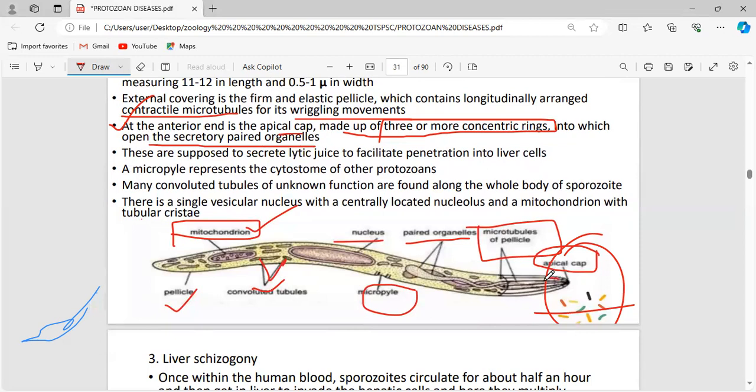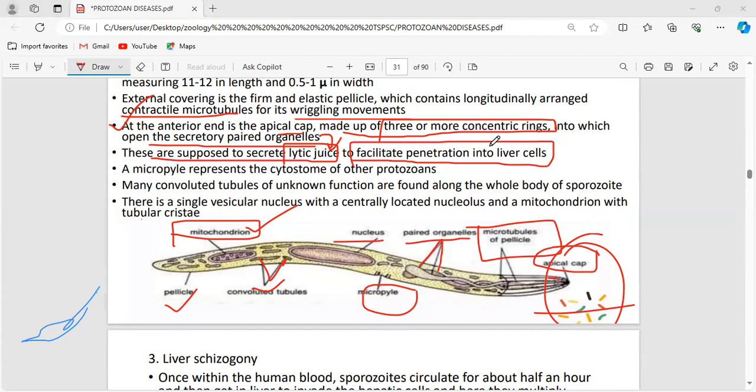These organelles are supposed to secrete lytic juice. The secretory paired organelles secrete the lytic juice, and this juice facilitates penetration into the liver cells.